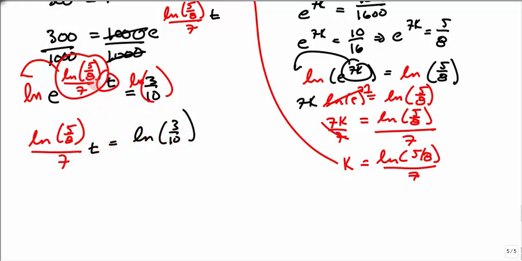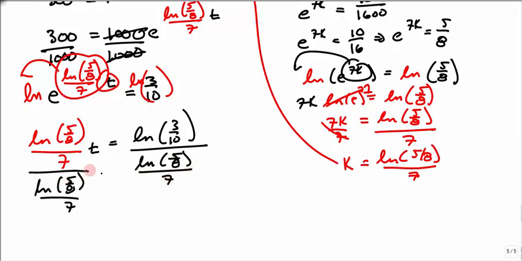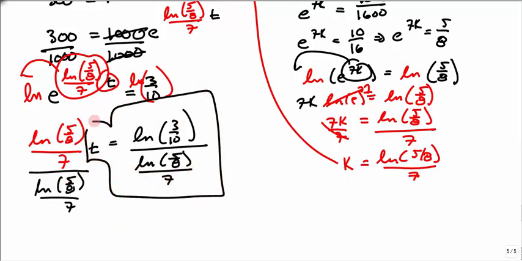Now remember, when I pop this out front, the natural log of e goes to 1. So to solve, I divide both sides through by the natural log of 5/8 over 7, natural log of 5/8 all over 7, and that's what my solution is. T is equal to this value.